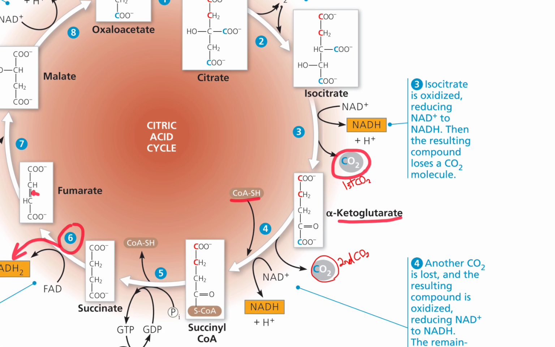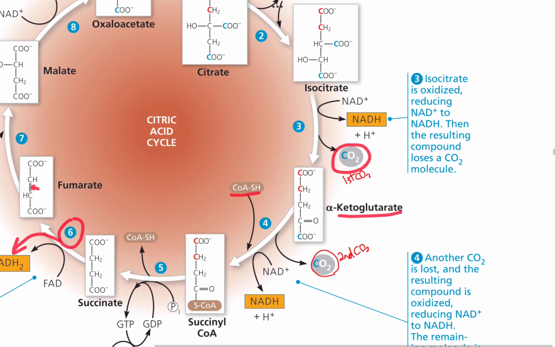The 3rd and 4th step, what they have in common is that the substrate in the cycle will be oxidized in each, and both will produce CO2, and both will reduce NAD plus to NADH.